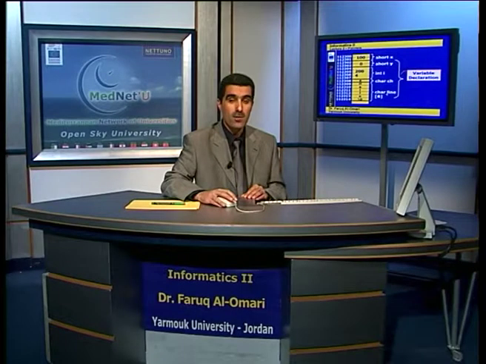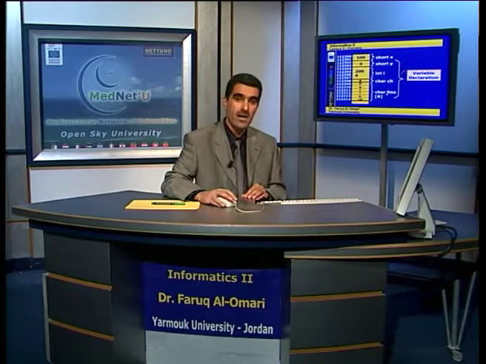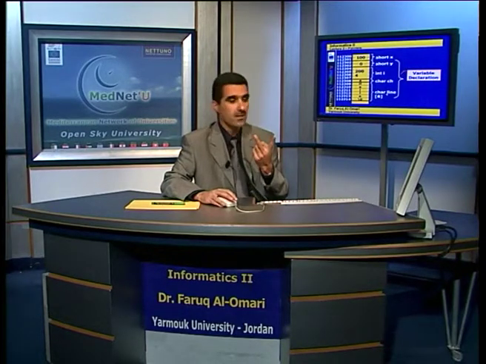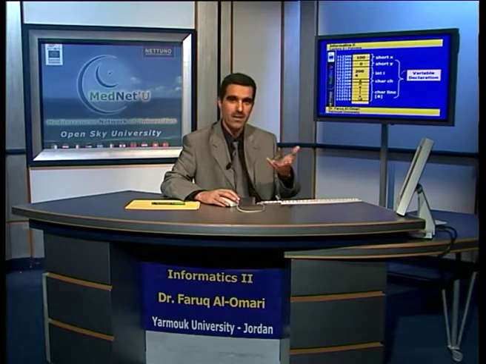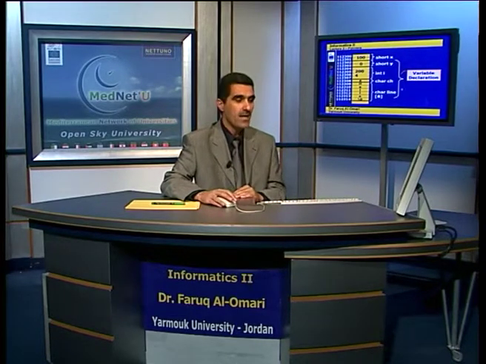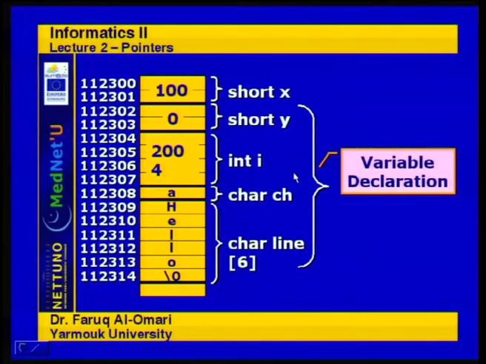Okay? So when I store anything in the memory, I have to define 2 things, as a matter of fact. The first is the address to where this data is going to go when I store it in the memory. And then the values that I'm going to assign to these variables, and that's what goes physically to the memory and is stored like this. So these are my values, and these are the addresses pointing to these values.